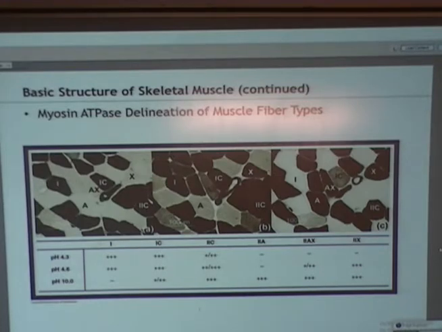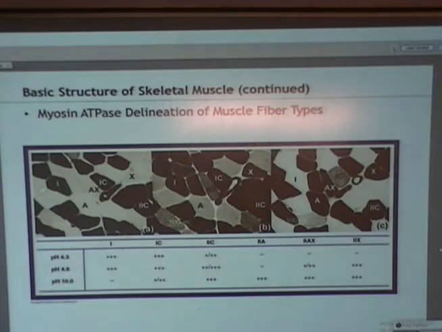Then we have a type 2A, which can work aerobically but isn't great at it. And then we have type 2X, which basically can't work aerobically, but it's really, really, really powerful, right? So this is our least oxidative.